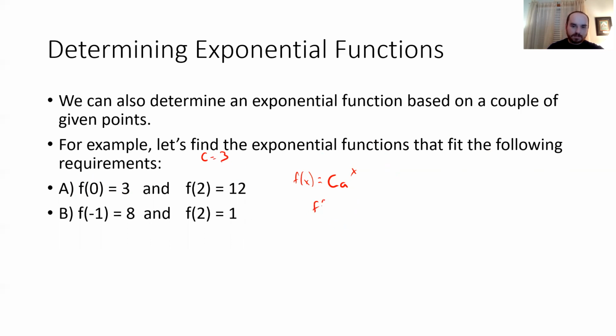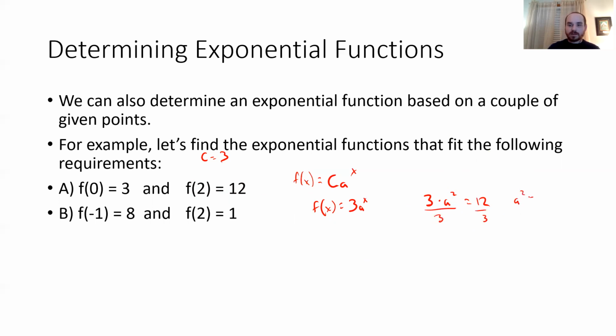So we have f of x equals 3a to the x. Now, we've also got a 2. We know that f of 2 equals 12. So that means that we can plug in 2 for our x. So 3 times a squared equals 12. And then we can divide both sides by 3.